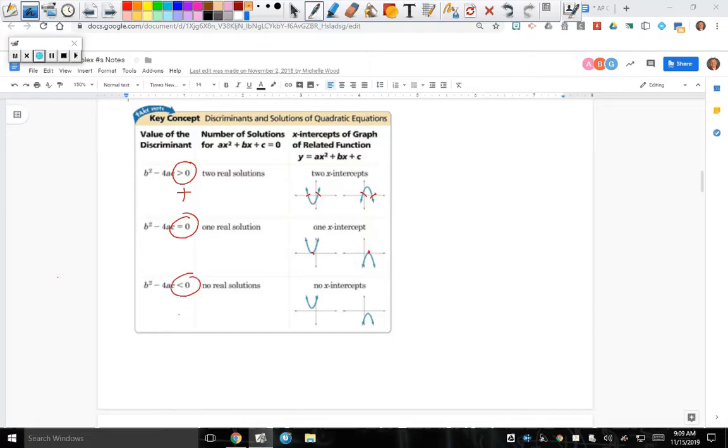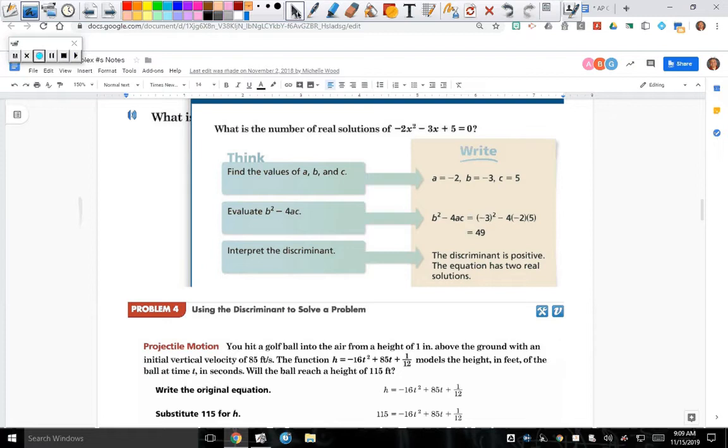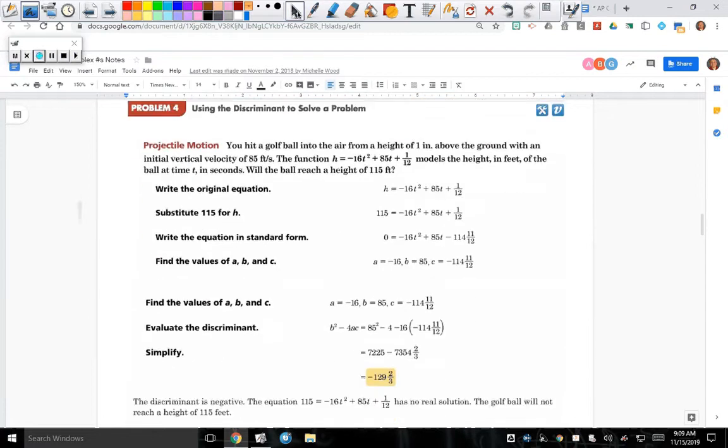And if you have a negative, then it will never touch the x-axis. Okay? Alright. And these are those imaginary roots that we were talking about, that we will get into soon. Let's go now to, let's see.